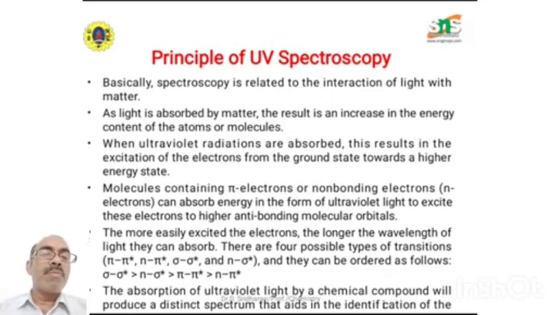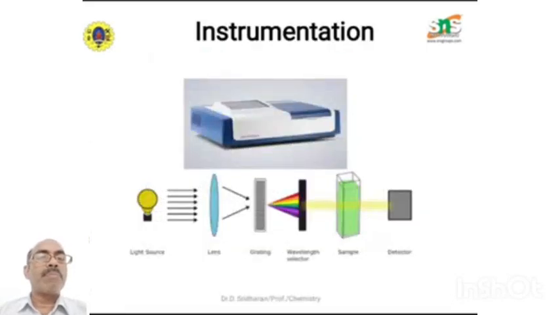The absorbance of ultraviolet light by a chemical compound will produce a distinct spectrum that aids in the identification of the sample.